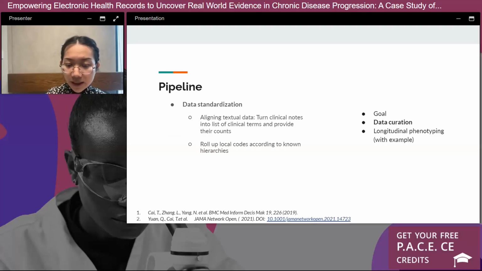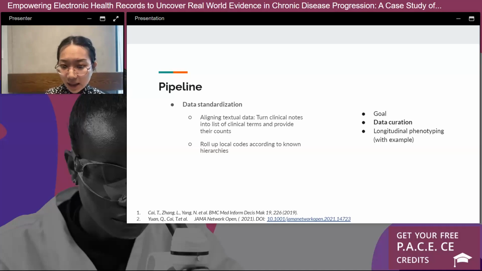So the first step that you have to do in collecting your data is to standardize them, because as I've mentioned, there are different formats of the data. For instance, you have the clinical notes. For the clinical notes, you could try to turn them into a list of clinical terms so that you could count them, just like the codified data, like the ICD code and such.